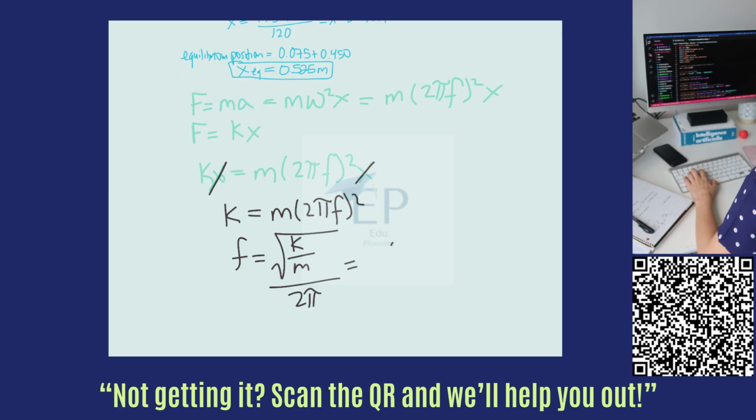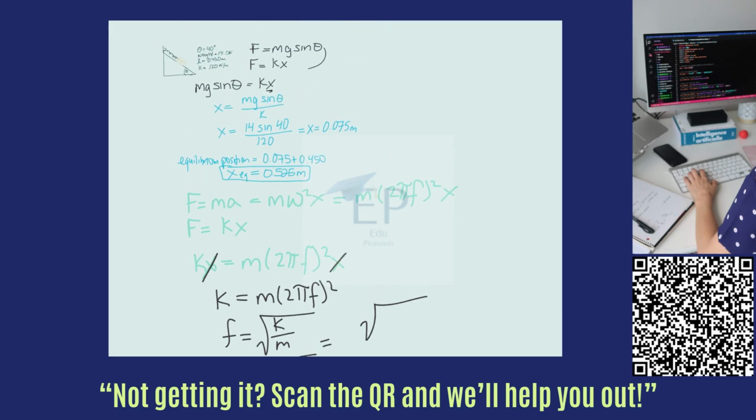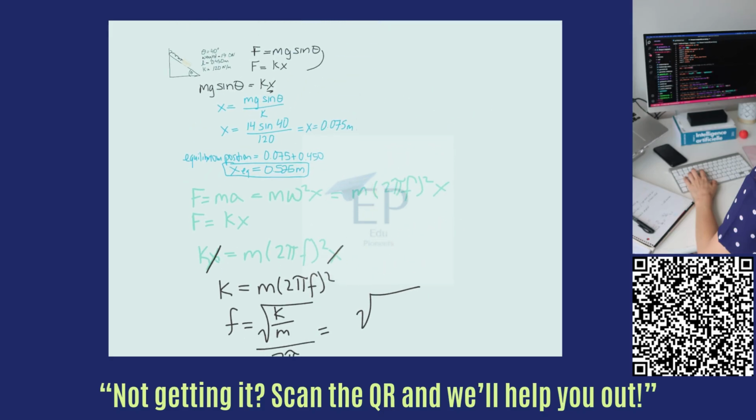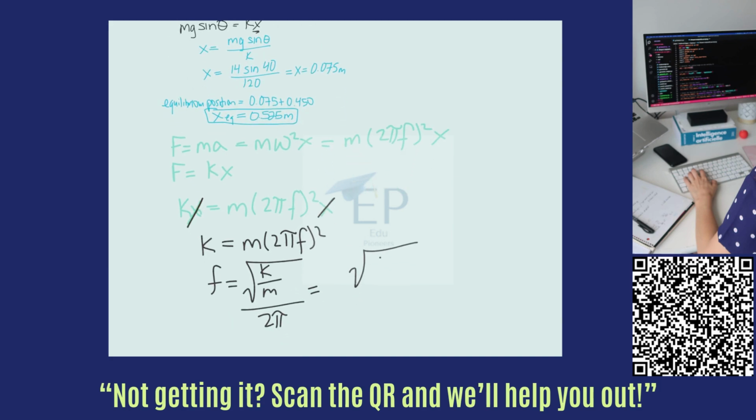We know that our k value is 120 newtons per meter. Our mass, since weight equals mass times gravity, and we know that our weight is 14, is going to be 14 divided by gravity.